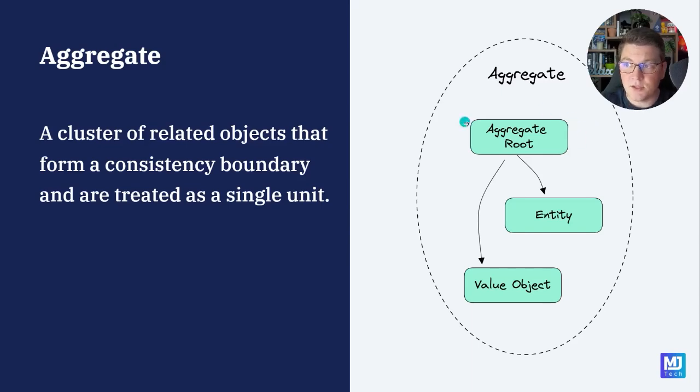Typically, the aggregate is going to consist of one object called the aggregate root, and this is how the outside world is allowed to interact with our aggregate. The aggregate root could also have a reference to any number of entities inside of the aggregate and also any number of value objects. From my experience working with domain-driven design, the aggregate pattern is more valuable from the logical or domain modeling perspective rather than the coding perspective, and this is how I like to apply it.